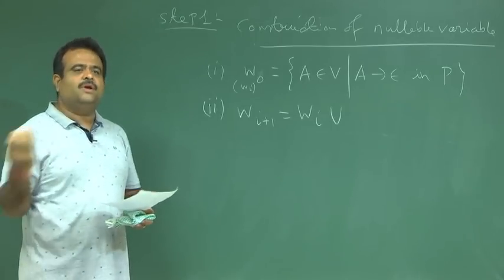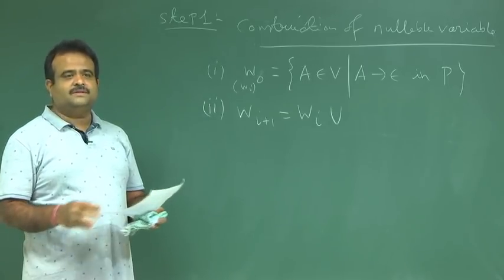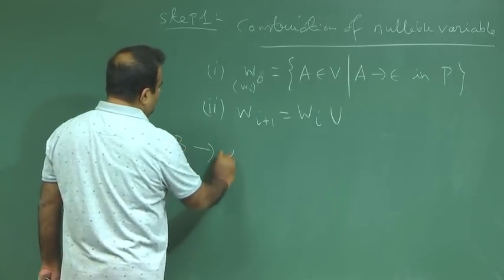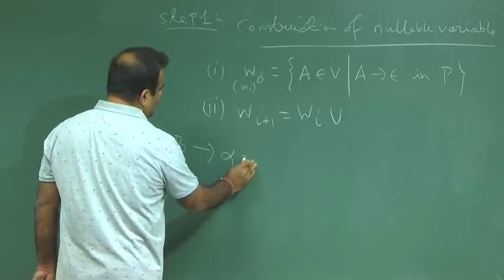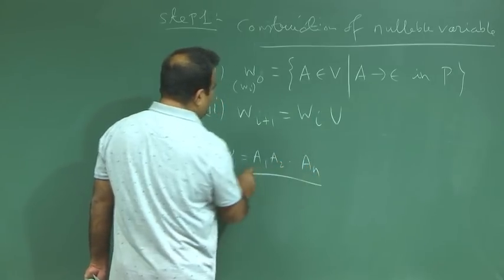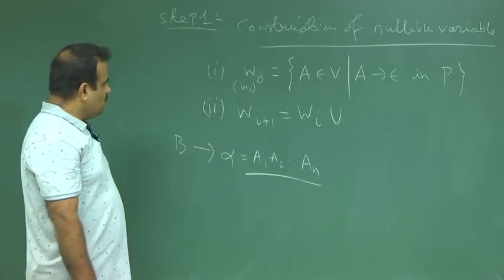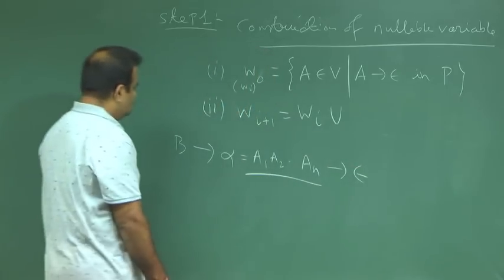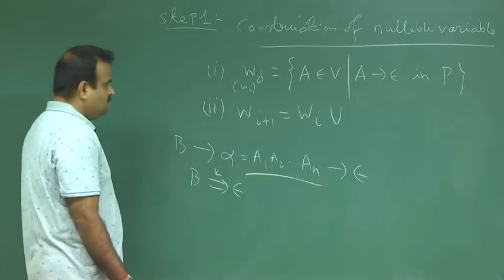Now, suppose B goes to some alpha, and alpha consists of variables like A1, A2, up to An, and suppose these are all nullable variables, already included in the previous W. Then we can say that epsilon is derived from B. So, that is the idea.